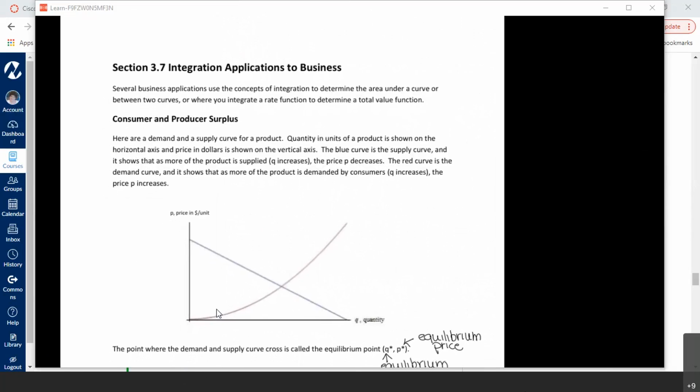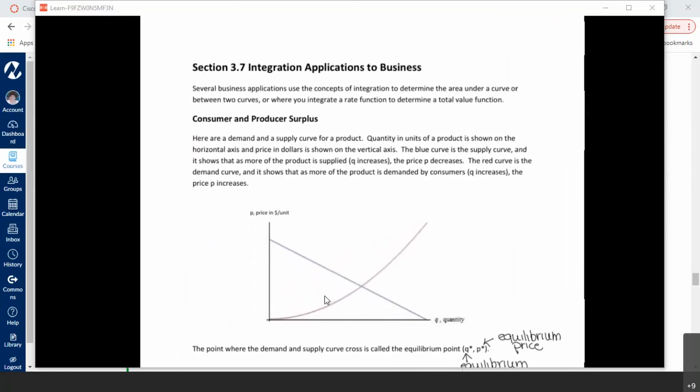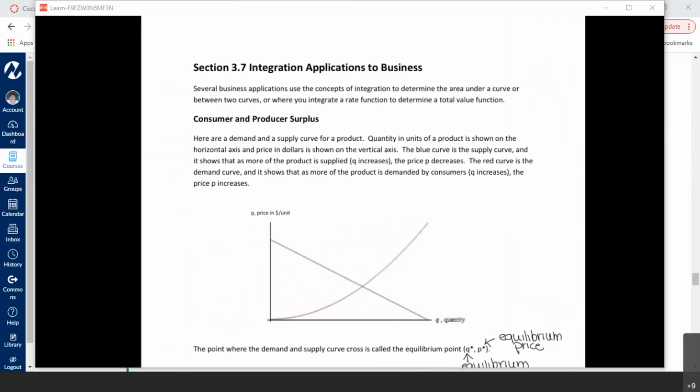Here's P star, the equilibrium price, and here's my demand curve.